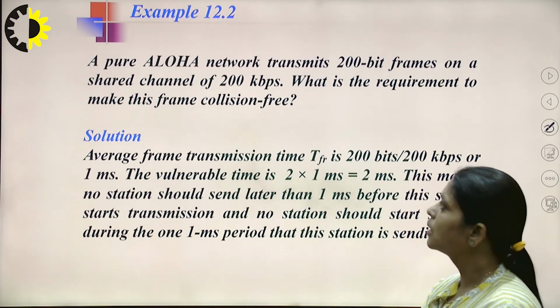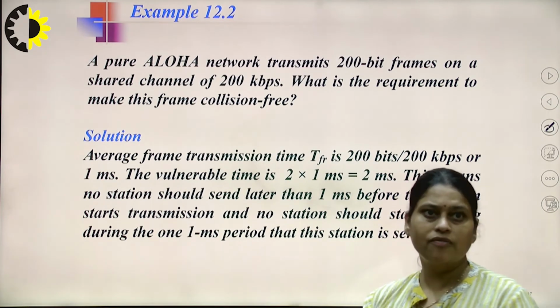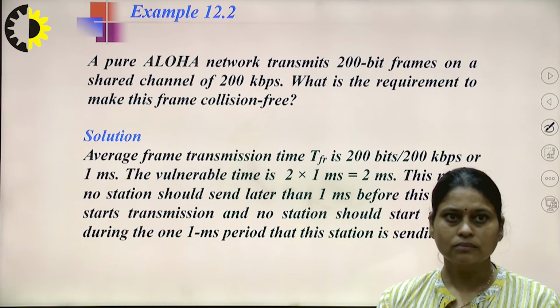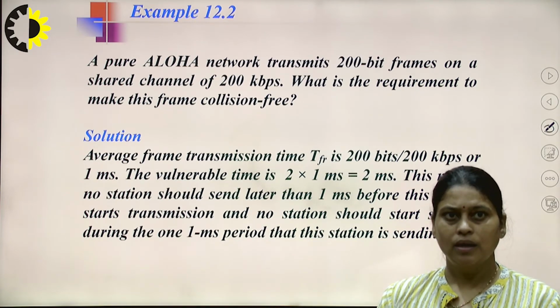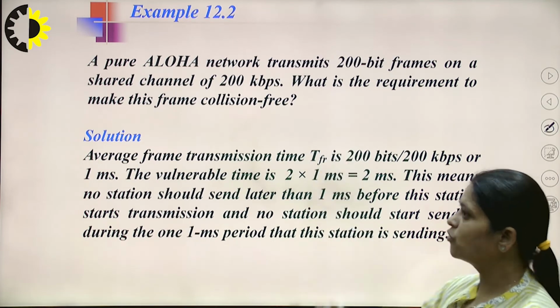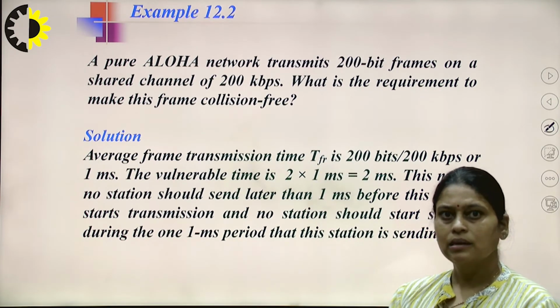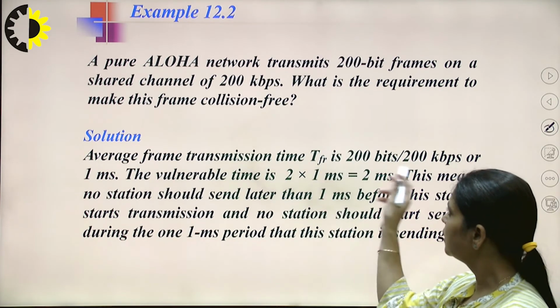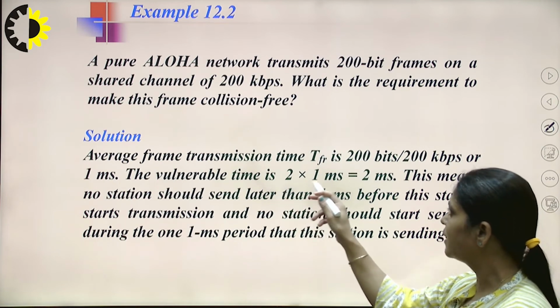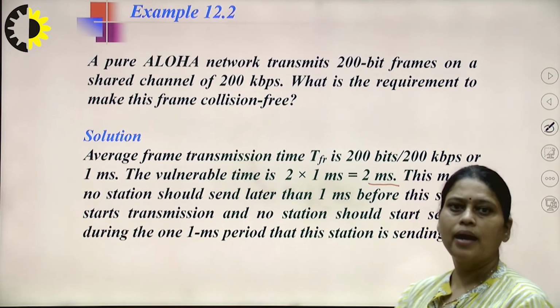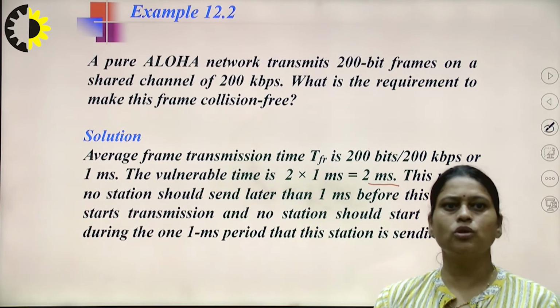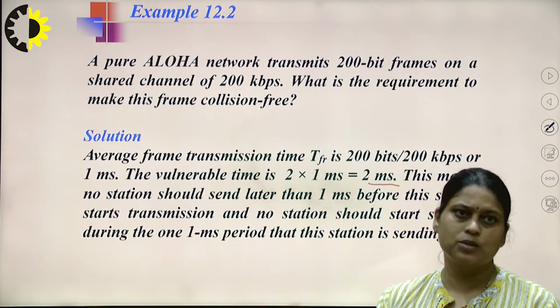This is one example of pure Aloha. Pure Aloha transmits 200-bit frames in a shared channel of 200 kbps. The vulnerable time is 2 times the frame time, which is 2 ms, and this means no station should send within 1 ms before.